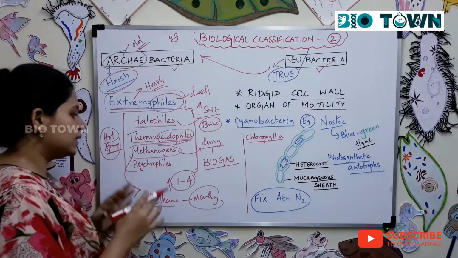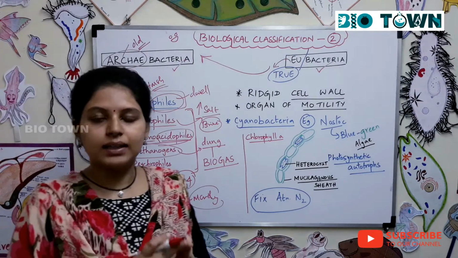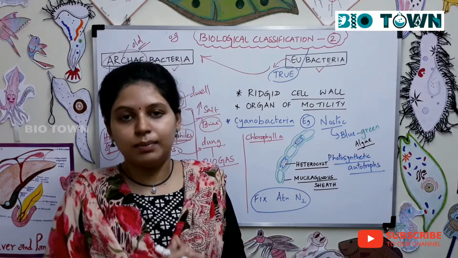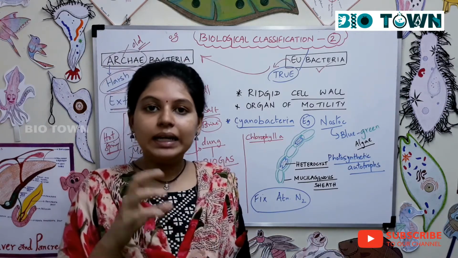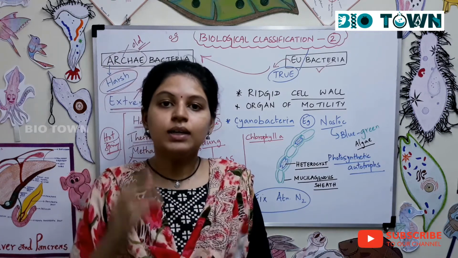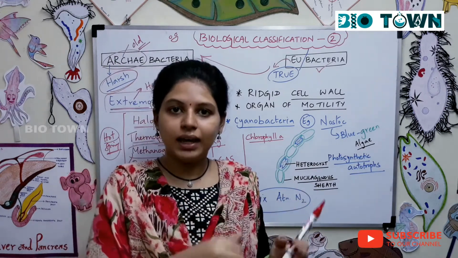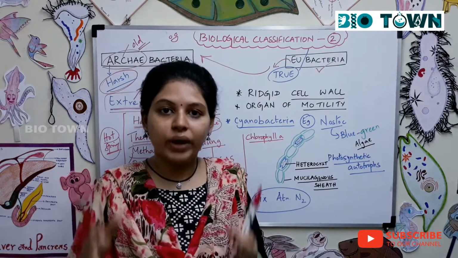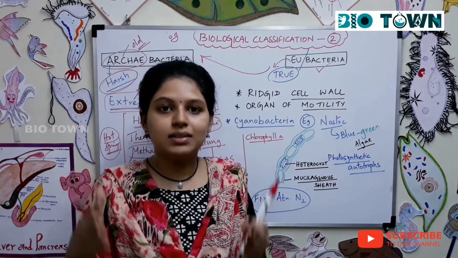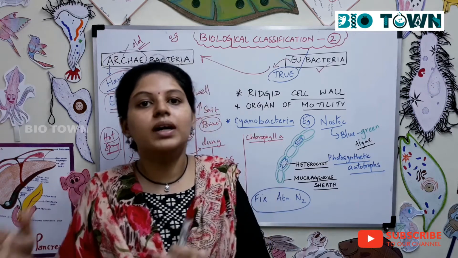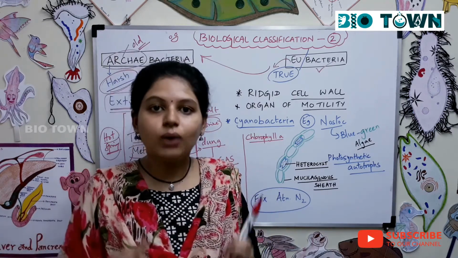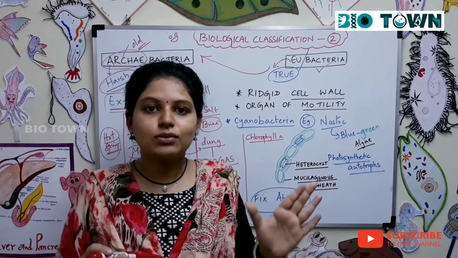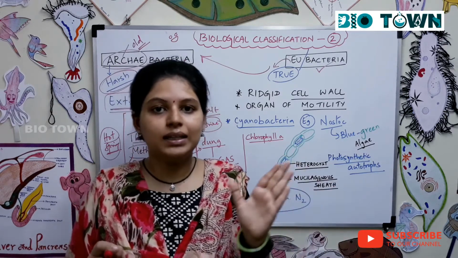Now, these methanogenic bacteria mostly dwell in cows as well as buffaloes, mainly in their large intestine. These bacteria come out in their dung, and when you ferment this dung in anaerobic conditions, which means without the presence of oxygen, they liberate a gas called methane.